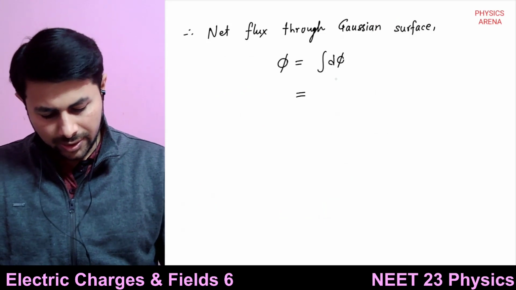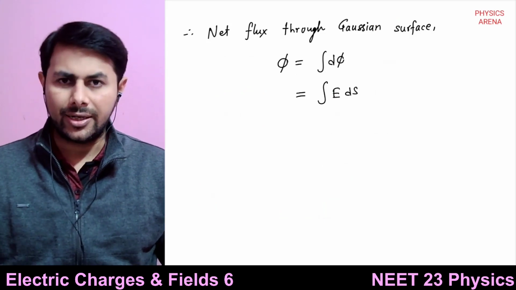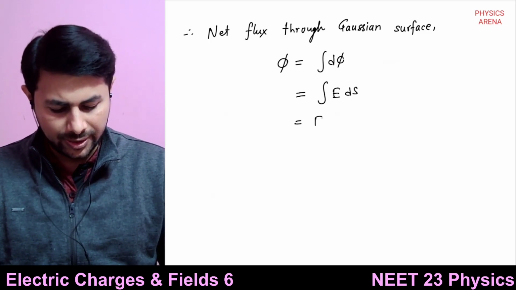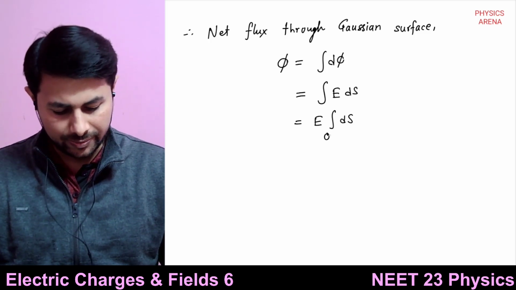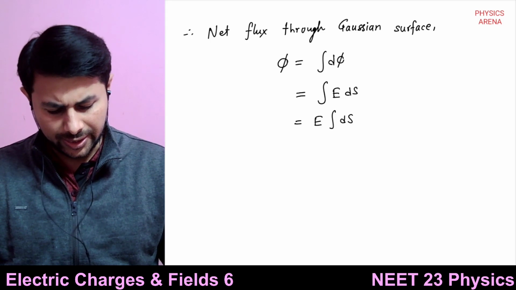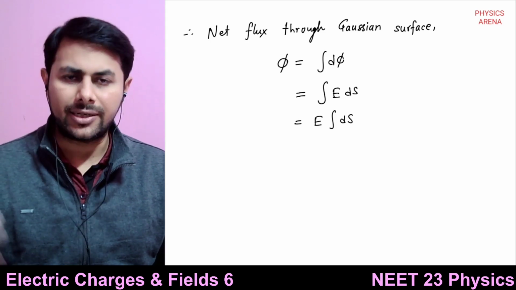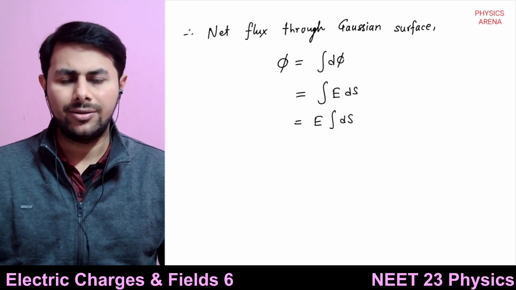So d phi is E multiplied by ds. E we can take outside, so it is just E multiplied by the integral of ds over the Gaussian surface. It's understood that it is over the Gaussian surface. So what is this integral?